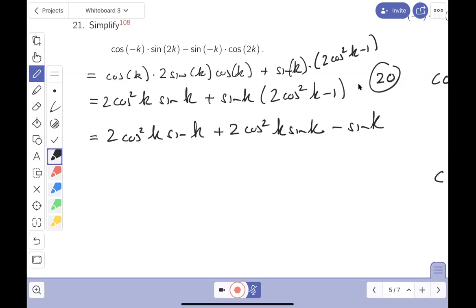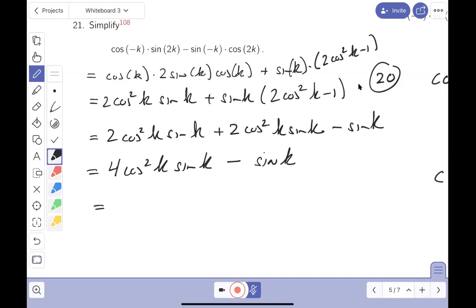Okay. And what do you get over there? 4 cosine squared k sine k minus sine k.